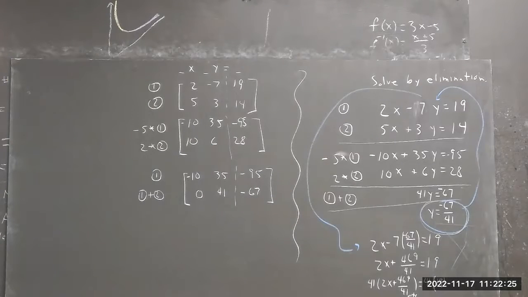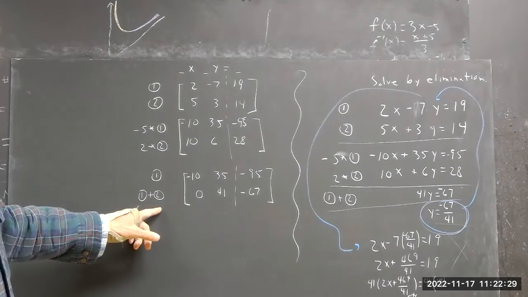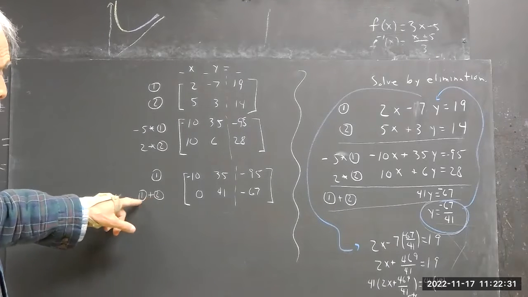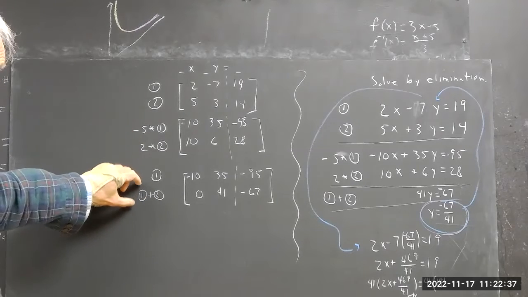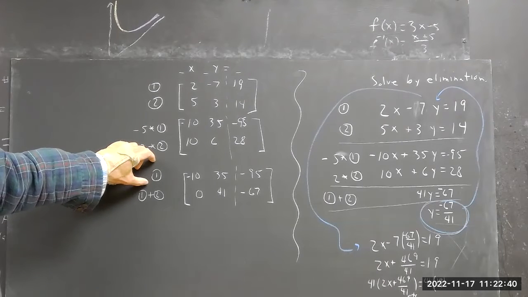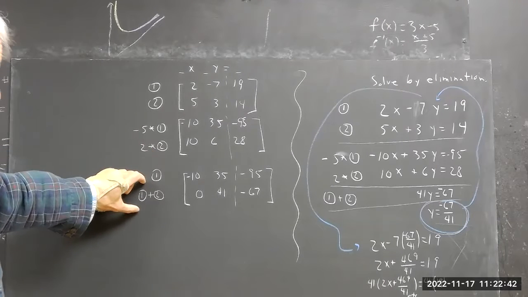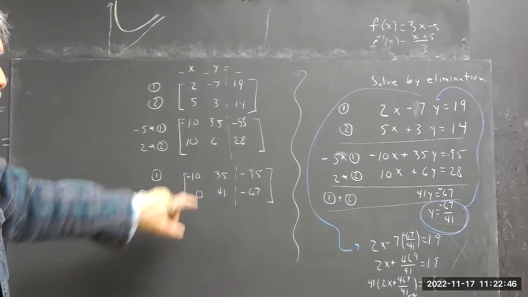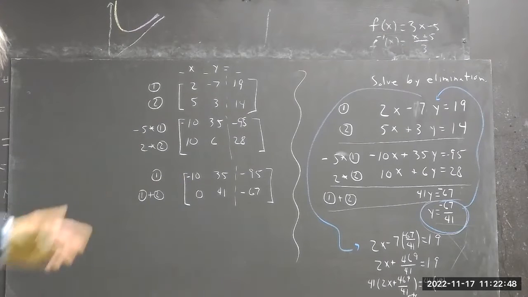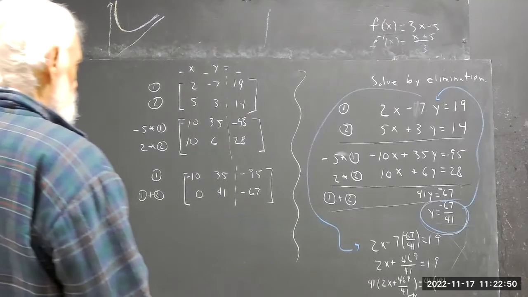Okay. Now, when I do row 1 plus row 2 here, I'm always going back to the rows in this matrix. I don't want to confuse the row 1 here with the row 1 here. The row 1 that I use here is the one that I have up here. Of course, since it's just repeated here, it doesn't matter, but that can make a difference.